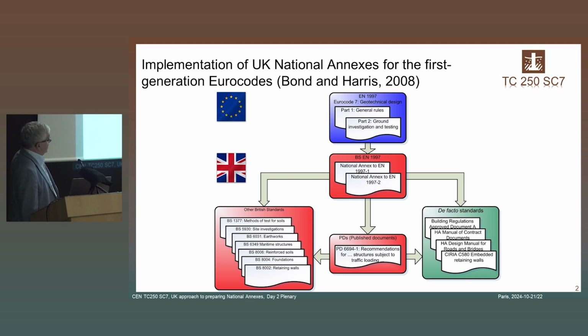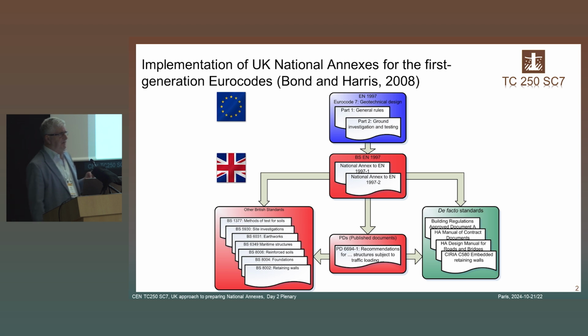The other things that we refer to in the national annexes are published documents, which are a new type of document that BSI produce. I'm not sure if they're going to continue doing this. These were basically documents that were fast-tracked through the process, so they didn't take so long to develop. They were often sponsored by major clients.